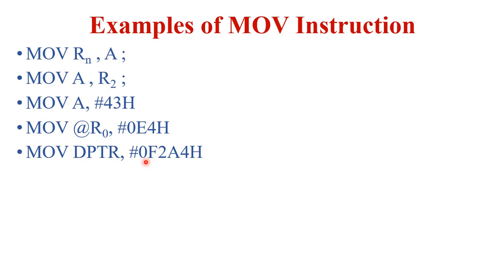In this instruction, we transfer 16-bit data into a 16-bit register. Here DPTR is a 16-bit register and the immediate data, which is #F2A4H, is 16-bit data. So in this instruction, we move this 16-bit data into the DPTR register.